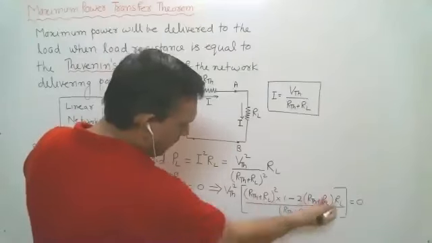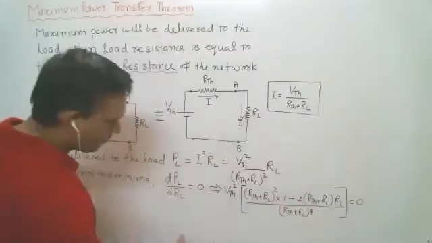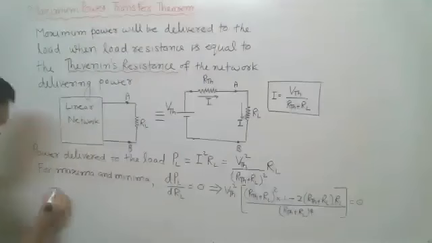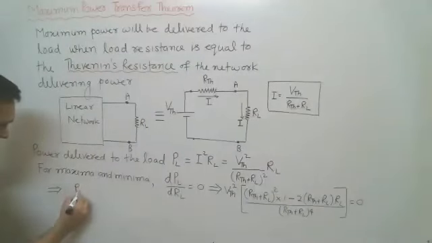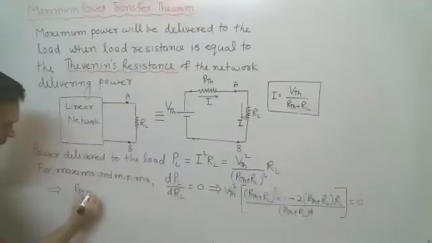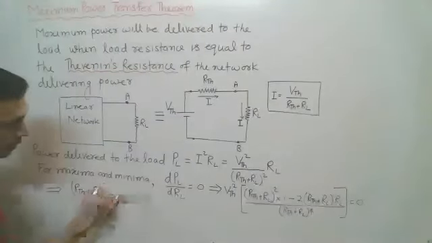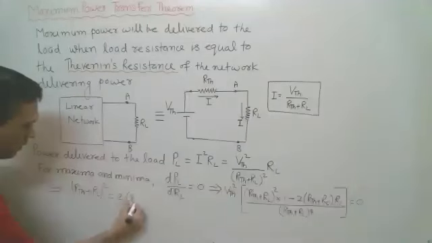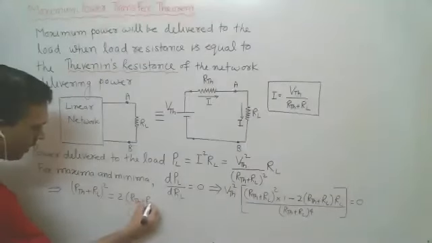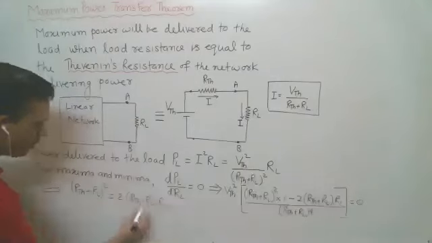So you will see, if you equate this, this will be RTH plus RL whole square, and that will be equal to twice RTH plus RL into RL.